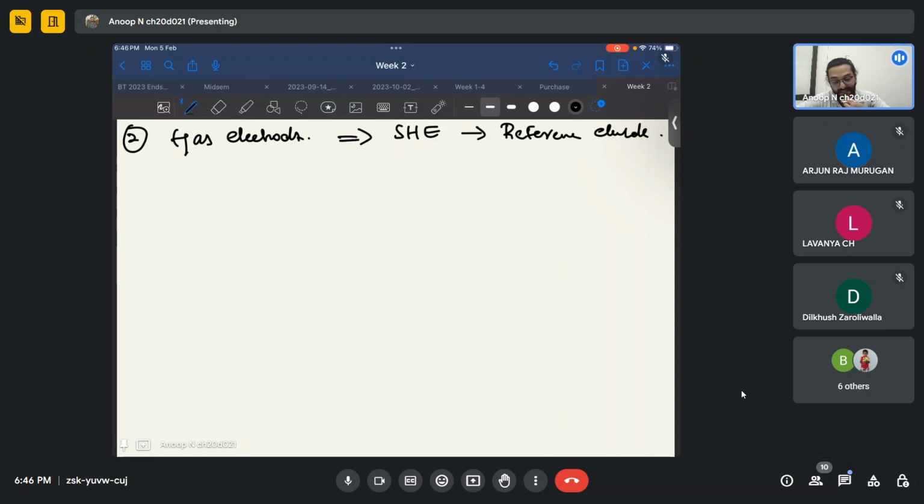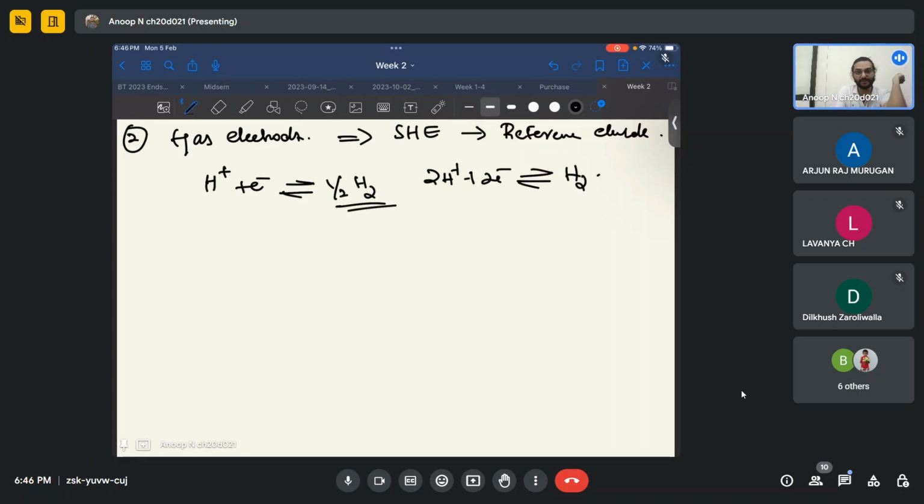What is the reaction taking place in the standard hydrogen electrode? H⁺ plus electron reversibly gives half H₂, or you can write 2H⁺ plus 2 electrons give H₂. There is nothing like half H₂ that exists, so it's better to write it in the balanced form.